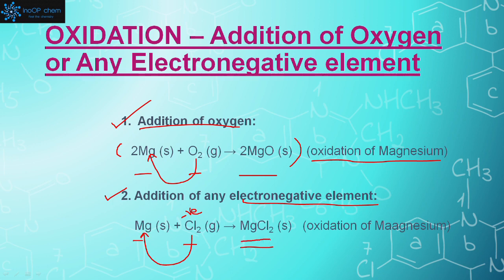That means oxidation of magnesium takes place. This reaction is also an oxidation reaction because the addition of an electronegative element takes place. In this reaction, the electronegative element is chlorine, Cl2.